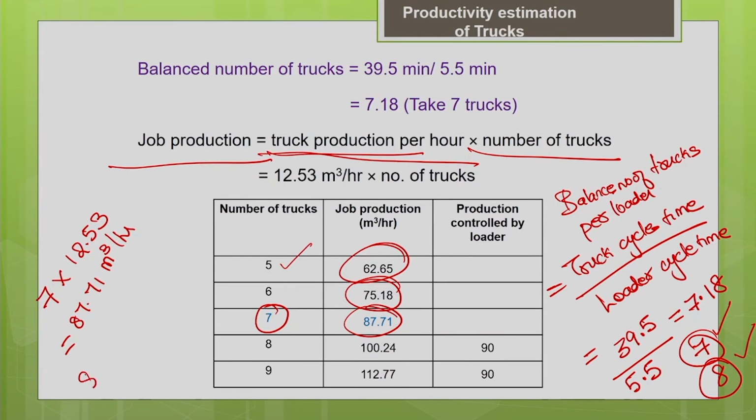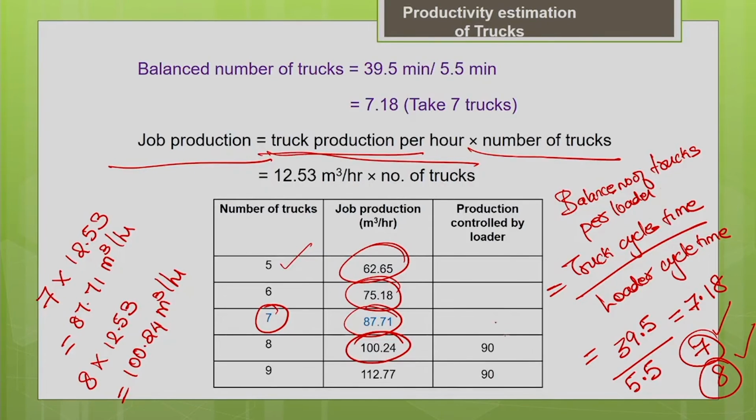For 8 trucks, 8 into 12.53, I am getting 100.24 meter cube per hour. But I cannot go by this productivity. This is because when the trucks are lesser than or equal to the balance number, your truck will be controlling the productivity of the system.